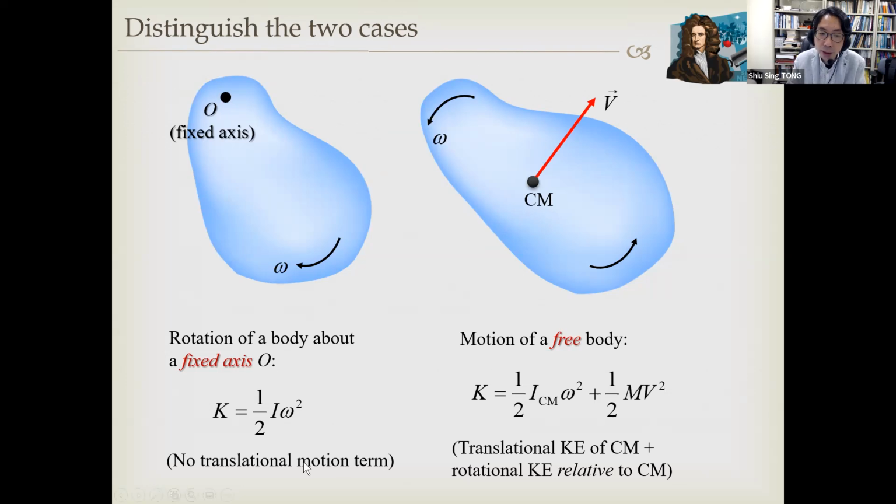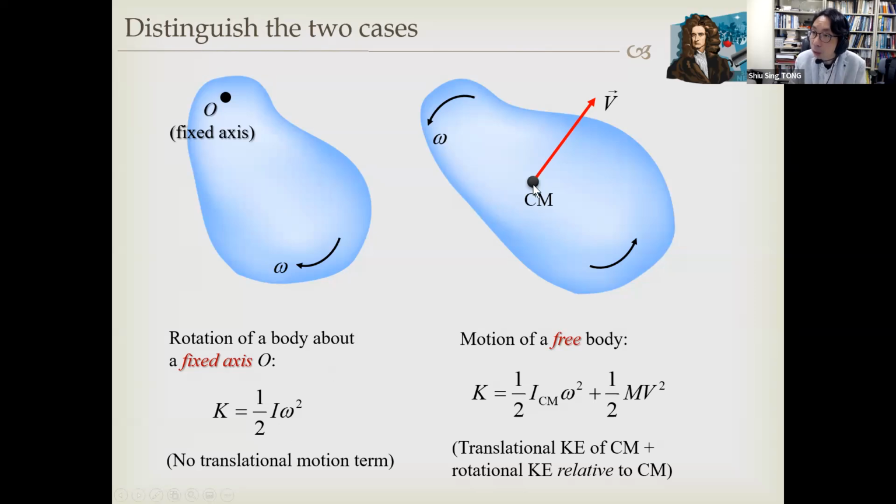There is no translational motion; it's purely rotational motion about the axis O, and the axis O can be arbitrary. You can pivot the object at any other point. As long as you are calculating omega about that rotational axis, it is correct to state that the energy is half I omega squared. That is a purely rotational kinetic energy.